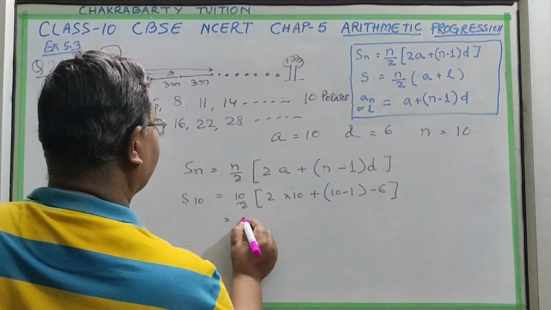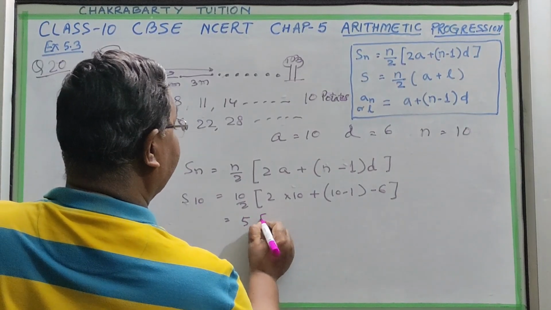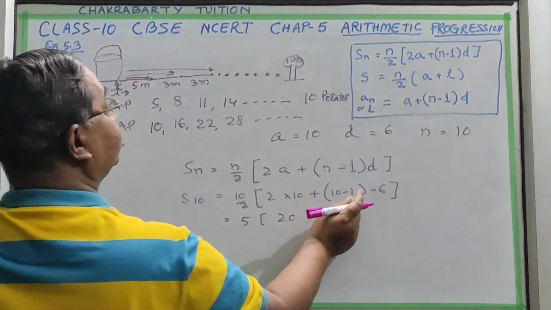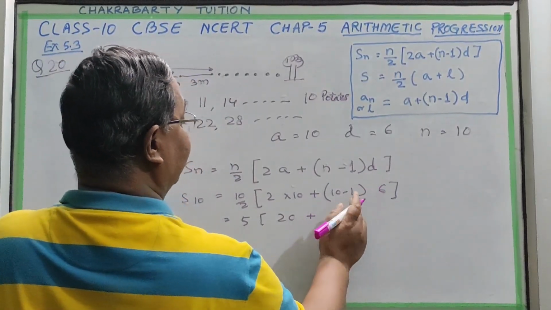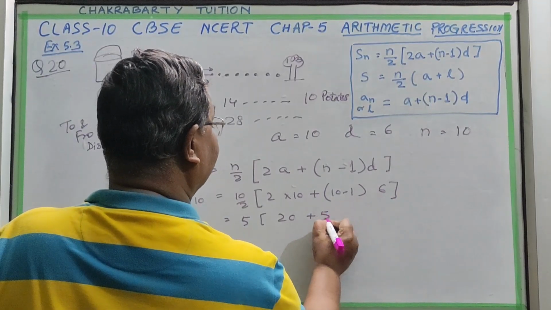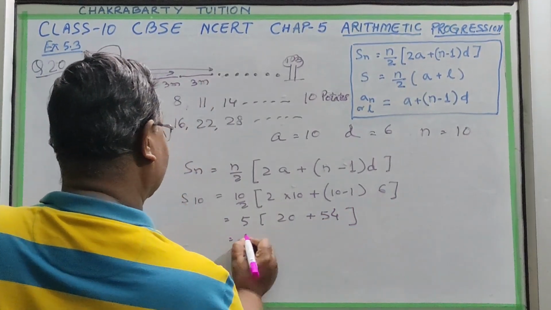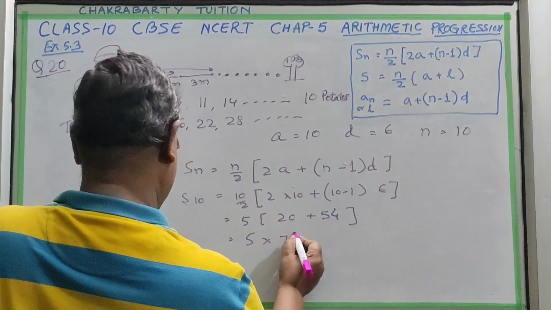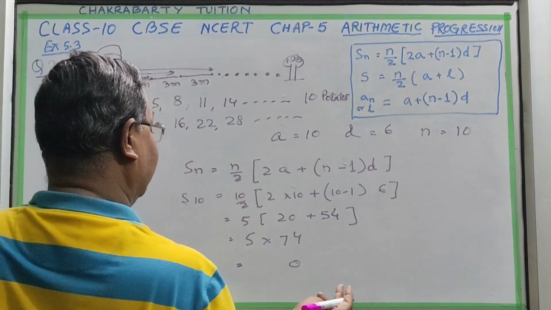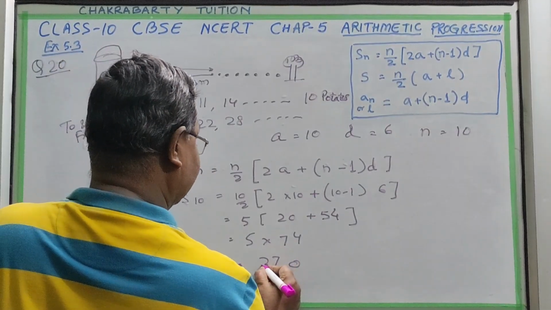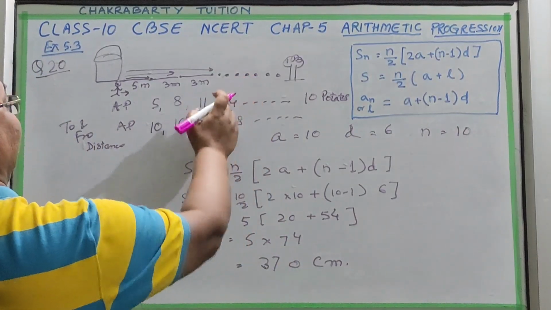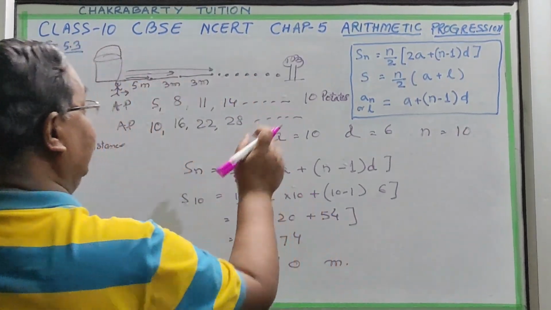So here 5, and here it will become 20 plus 9 into 6, which is 54. So it is equal to 5 into 74, so by 5 you will multiply, it becomes 370. So this much distance, in meters, she will be traveling.